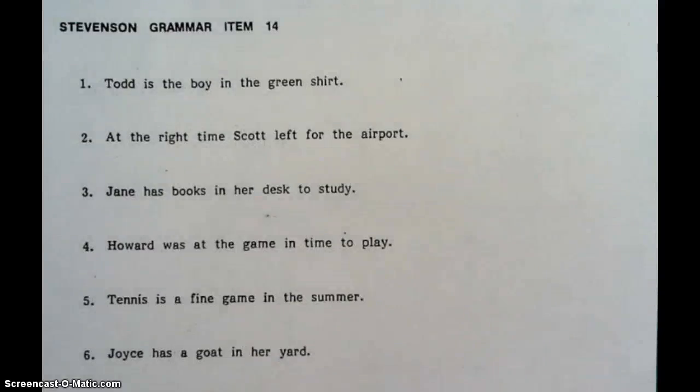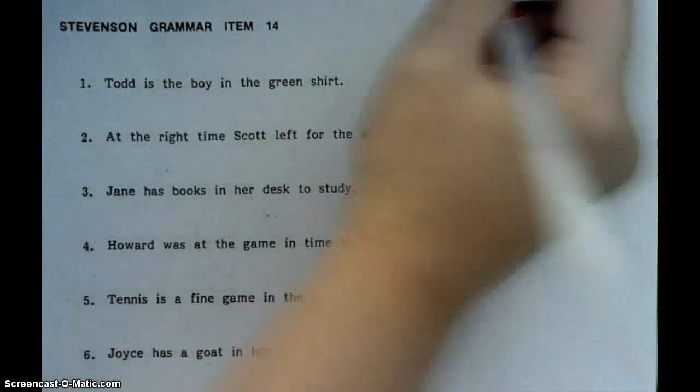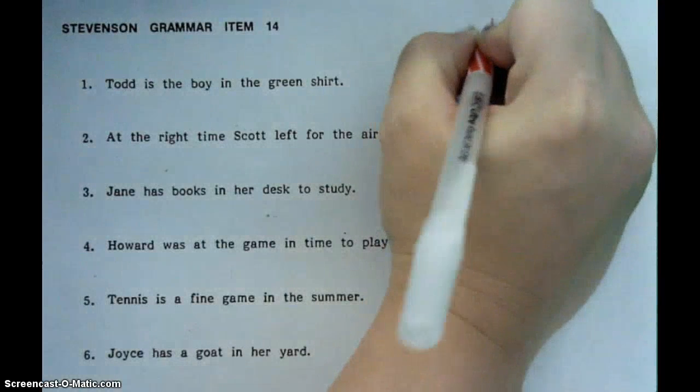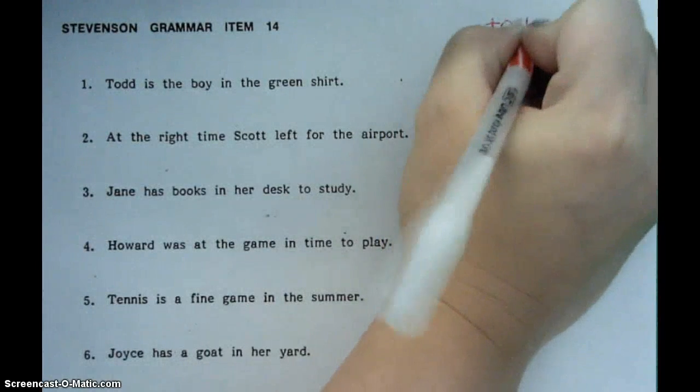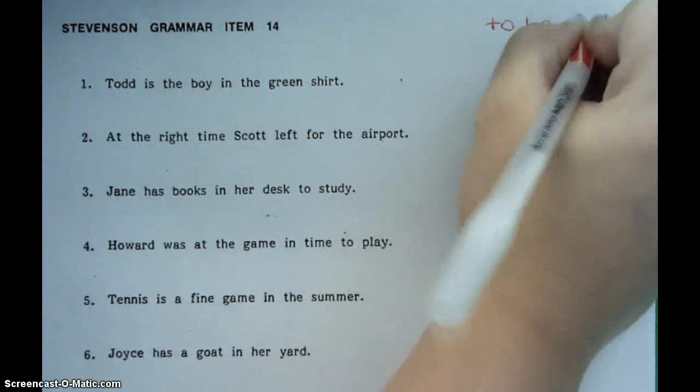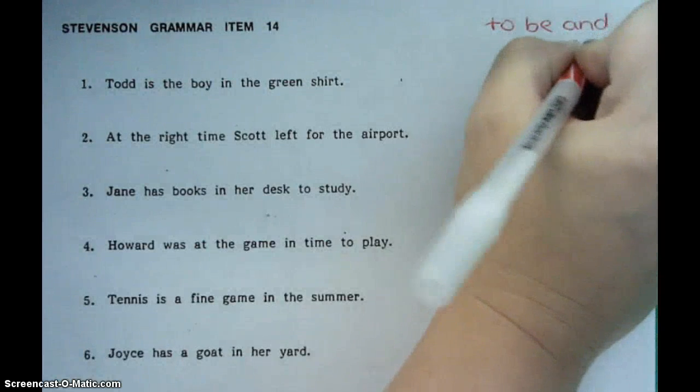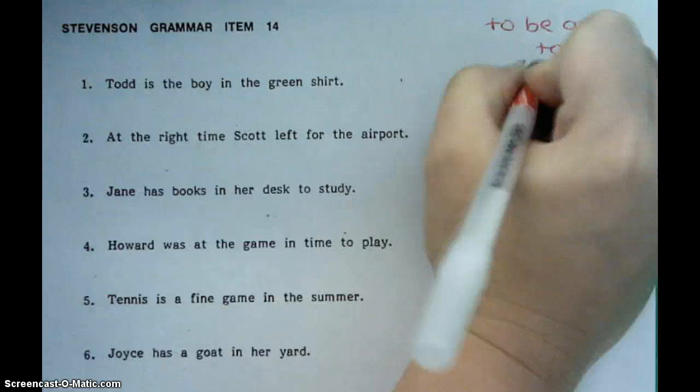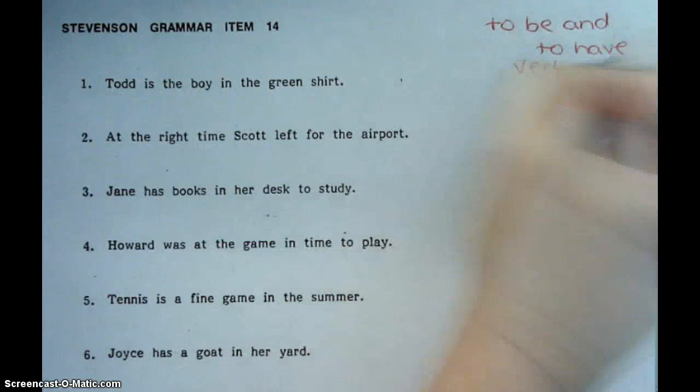And on the side, what I want you to do is write the examples of the to be and to have verbs. So let's write to be and to have verbs. And let's write the list.